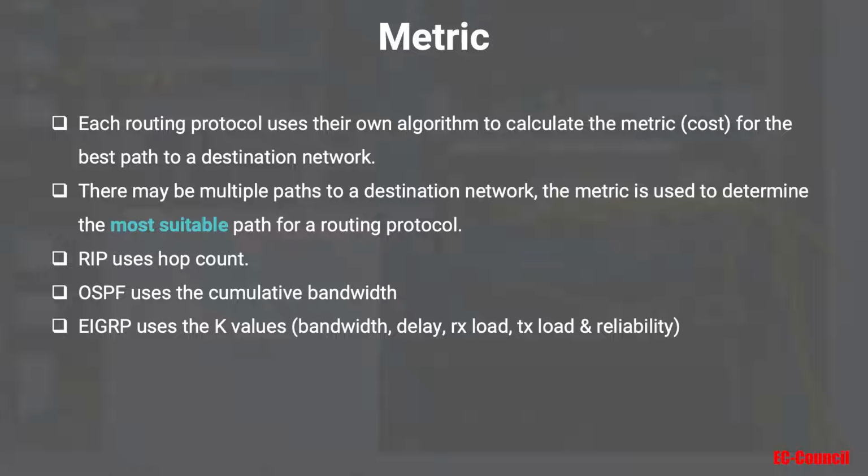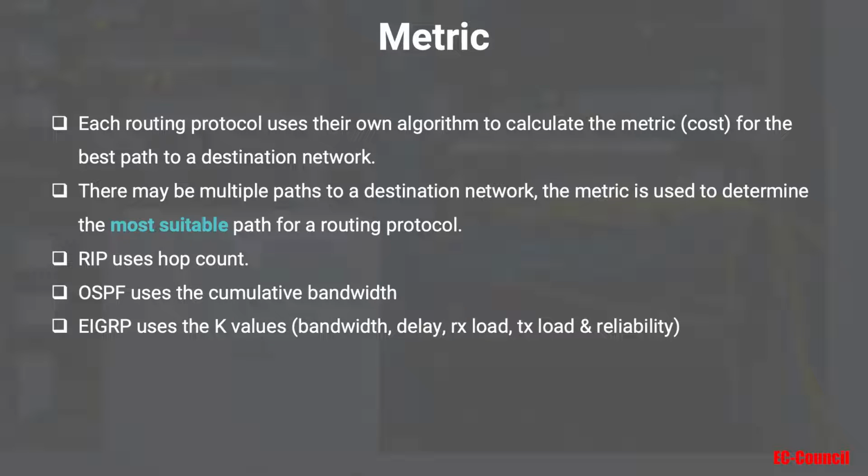For example, RIP uses hop count, but RIP has a maximum hop count of 15. So since RIP has a maximum hop count of 15, it simply means that on a network that runs RIP, you cannot have more than 15 hops between your source and destination.